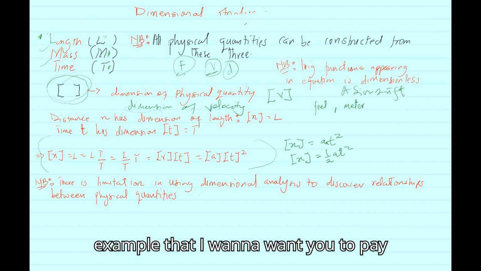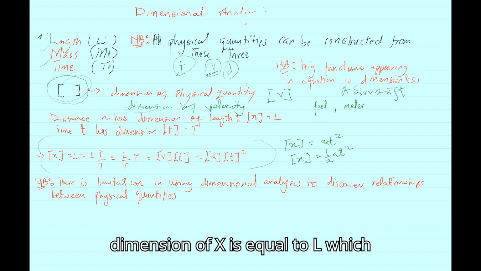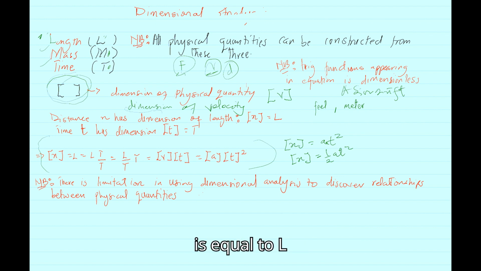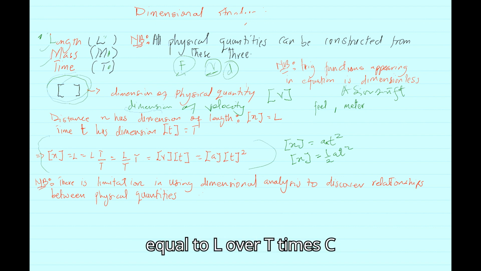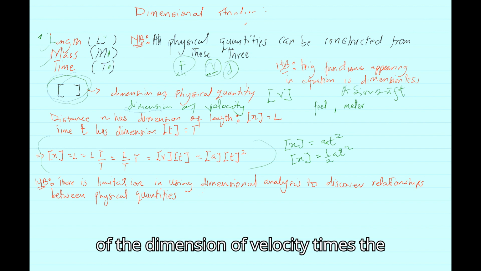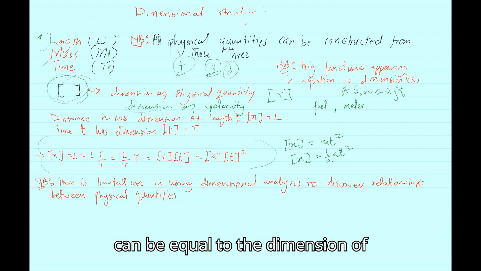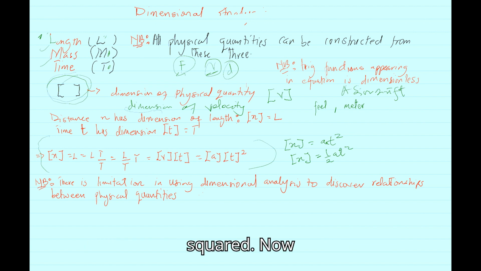Now another example that I want you to pay attention to is here. I wrote that the dimension of x is equal to L, which is equal to L over T times T, which can also be equal to the dimension of velocity times the dimension of time, which can be equal to the dimension of acceleration times the dimension of time squared.